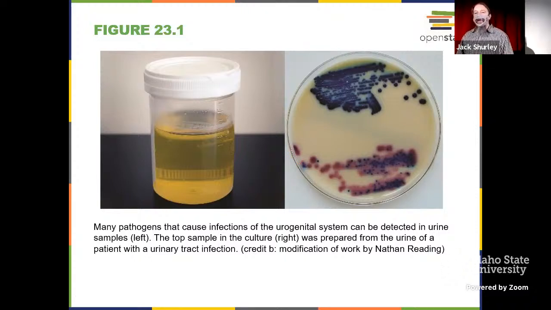Then as we start looking at stuff, each of these individual little mounds here we would call a colony, and we could further call it a colony forming unit, as the result of a single bacterium that's replicated countless times. Depending upon how much you've really got going on, if you see a handful of colonies, it's probably just normal flora. As we start getting 100 plus colonies on a plate, now we start thinking there's definitely some stuff going on.